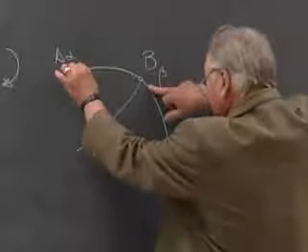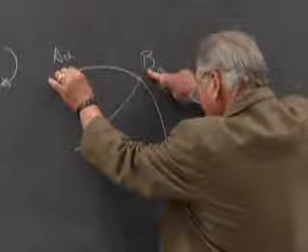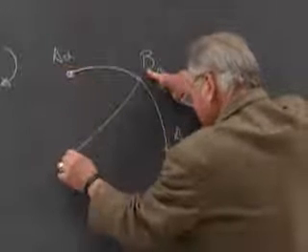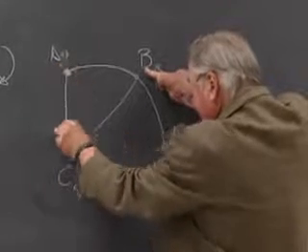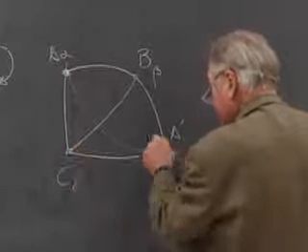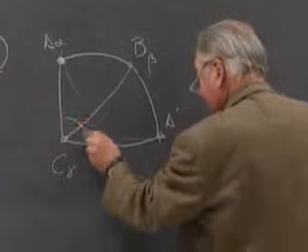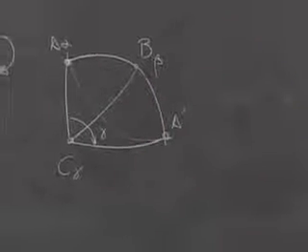Now, doing A alpha and following up by B beta is supposed to be equal to the rotation C gamma. So that says that this point and this point must be related by the rotation gamma. Okay, so say that again.